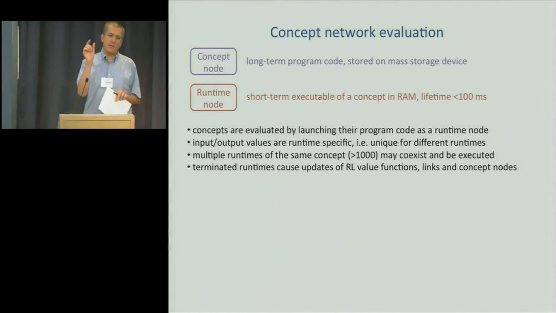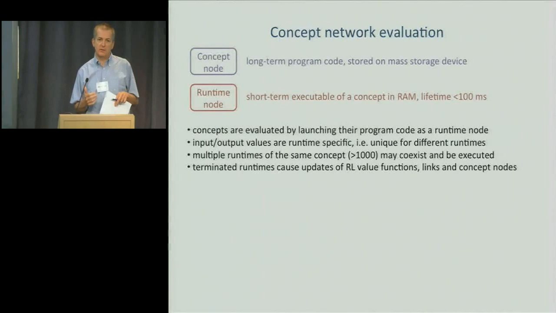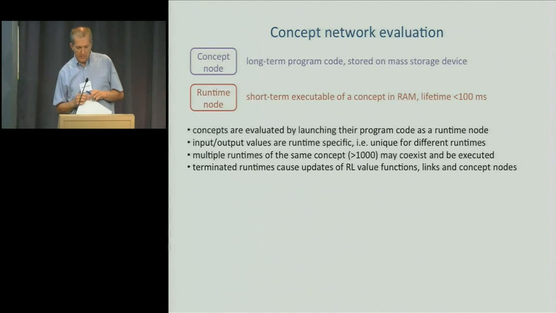Like there's a single atomic concept node for sensory, and it may have thousands of copies concurrently executed at the same time, because it's a visual image currently processed. And so if you have two runtimes of the same concept, then their inputs and outputs are specific for this runtime, so they differ between runtimes.